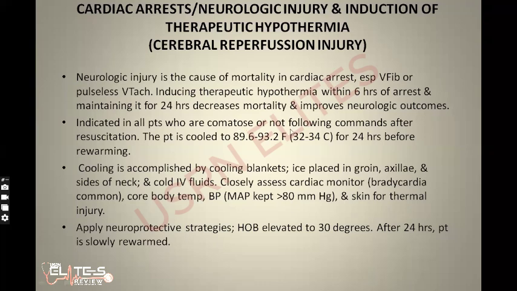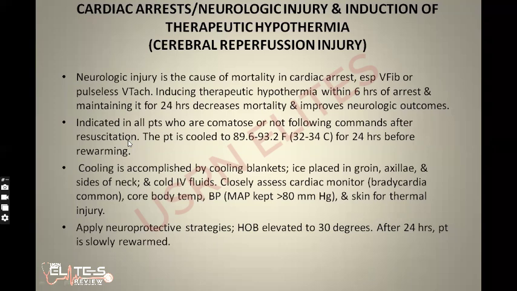So when this happens, it means within the first 6 hours from that resuscitation attempt, we can do this therapeutic hypothermia induction for the person. And so that's what we mean by it's indicated for all patients who are comatose or not following commands after those people have had cardiac arrest and they've been resuscitated.